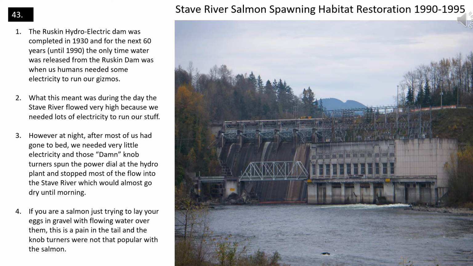And many of those gravel bars were where the salmon had been trying to lay their eggs during the day. And this is a problem for the eggs if they were exposed for too long a period. So this was the nature of the Stave River. A lot of it was hidden because the very lowest flows often occurred in the middle of the night. But it definitely impacted the Stave River salmon runs, chum salmon in particular, for that 60 years.